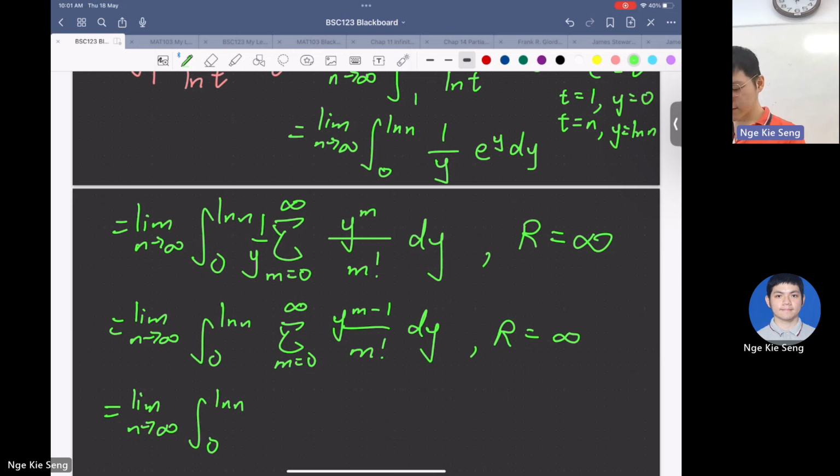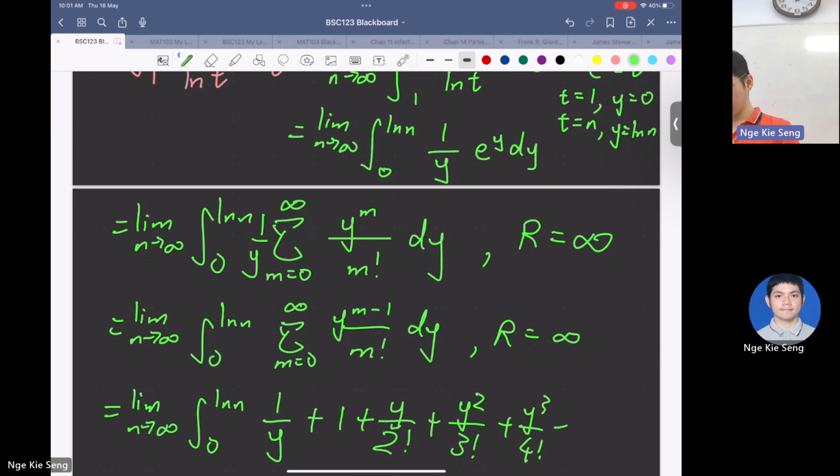So the first term is 1 over y, second term is 1, third term is y over 2 factorial, and then y squared over 3 factorial, y cubed over 4 factorial, and so on.